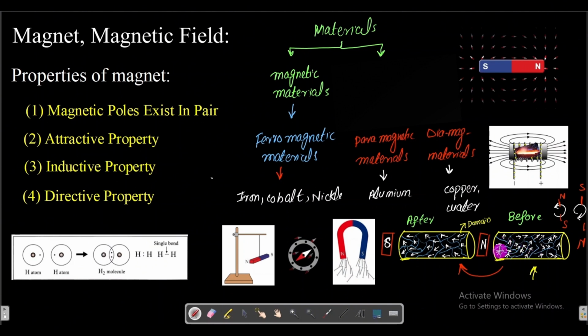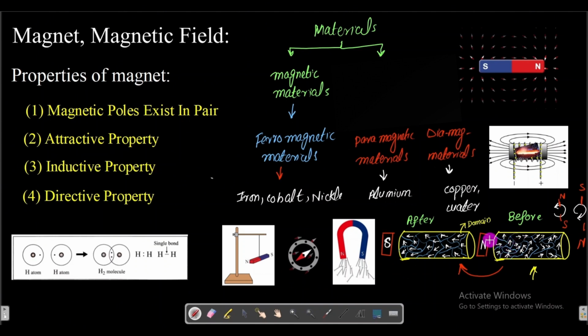Okay. So what we are going to say is that now let's say we have this iron rod, and inside the iron rod there will be a large number of iron atoms, and in each iron atom there will be a large number of electrons, and those electrons will be present in the orbital, and inside the orbital the electrons will be present in opposite spin.